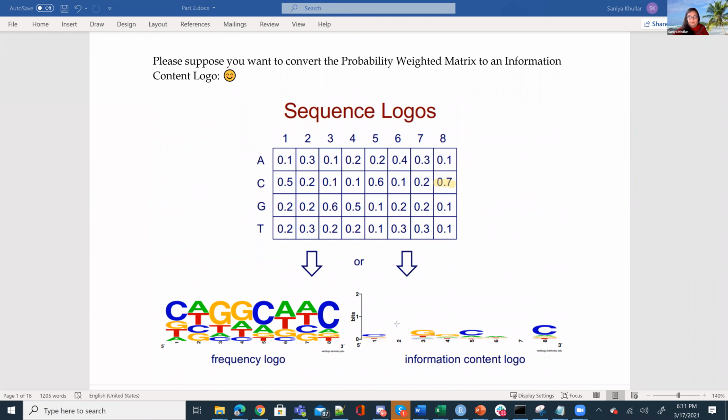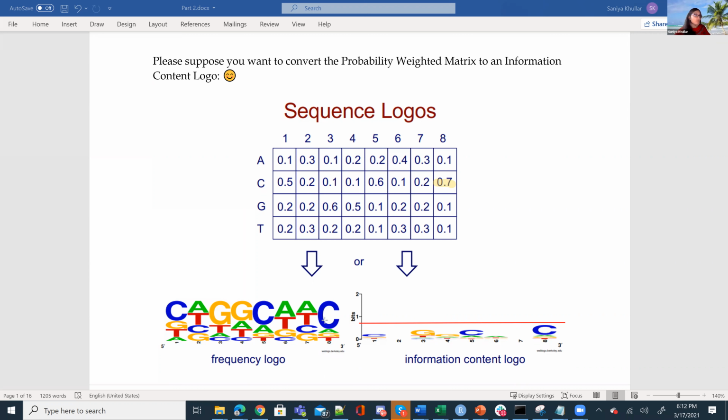In general, maybe I didn't draw it right, but this could be a better illustration: you can see that this height is going to be much higher. See, it's a smaller gap, the same line, perpendicular right angle. So it's going to be much higher because we're going to have more information. Like we know 70% of the time is going to be a C in position 8 of the motif. So that is what we're going after.